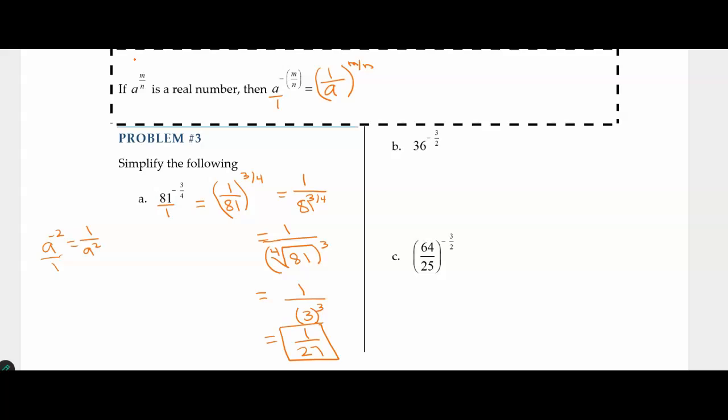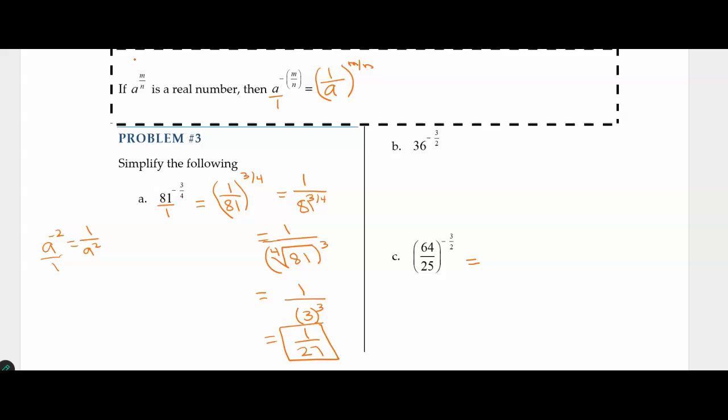Okay, let's see. Let's do part C, because this B is going to be really similar to what we did on part A, but part C is a little bit different because now this whole thing is being raised to this negative 3/2 power, right? I've got this fraction being raised to that power.